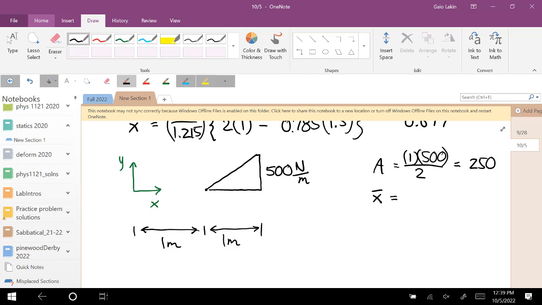So that's going to be a third of the way from here to here. So this distance to the centroid of that shape is 0.33. So all the way from the coordinate system, this is going to be 1.67, 1 2/3.